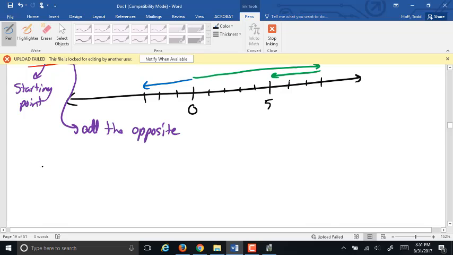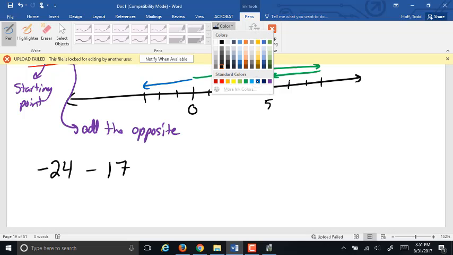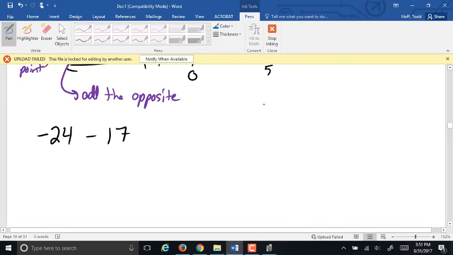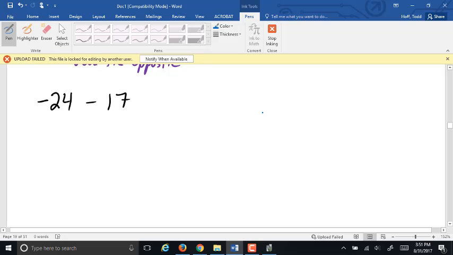For example, we might have negative 24 minus 17. That one, you can't just look at it and know the answer. It's simpler to figure out the answer if I change it to addition. The negative 24, remember, that first number is our starting point, so that is going to stay negative 24.